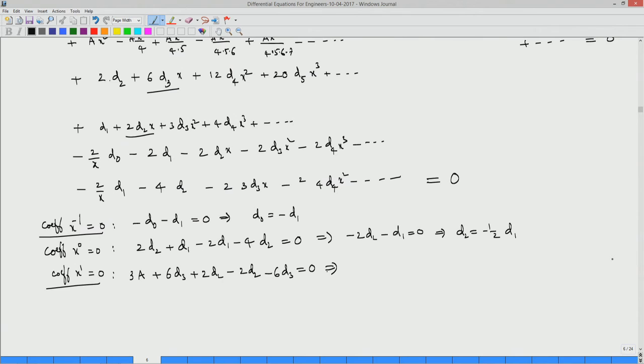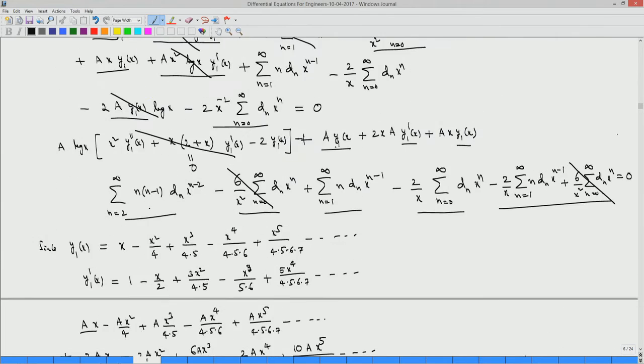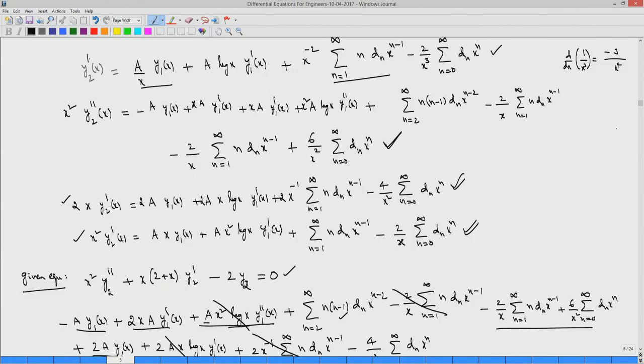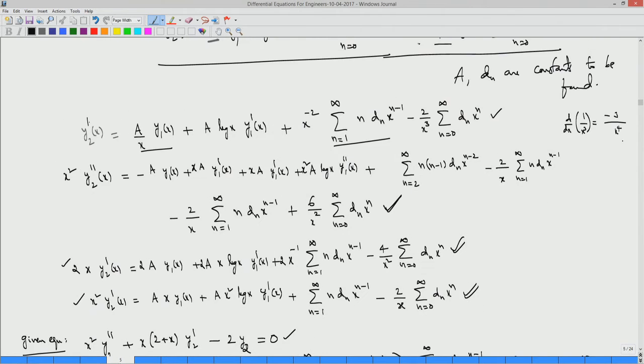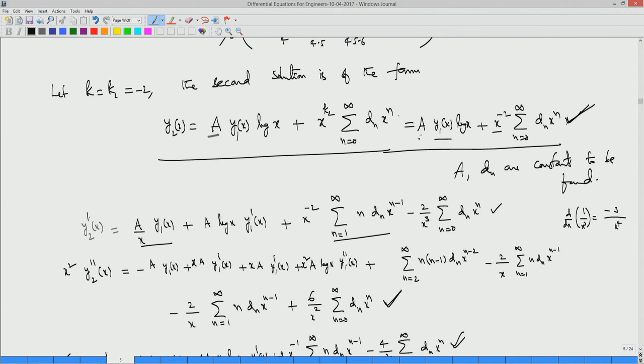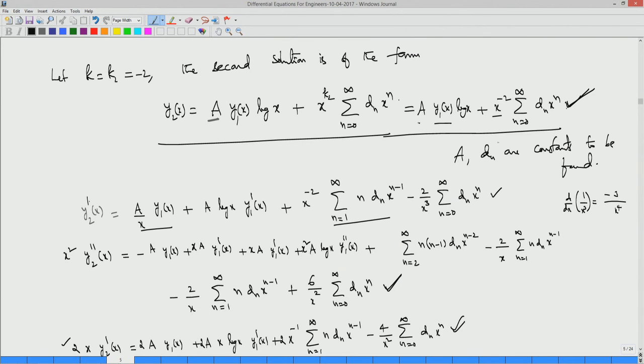So, 6d3 goes, 2d2 goes, 3a equal to 0, that will give me a equal to 0. So, immediately once a is 0, the coefficient of log x for your second solution, a is 0. So, you will not have a log term. Okay.